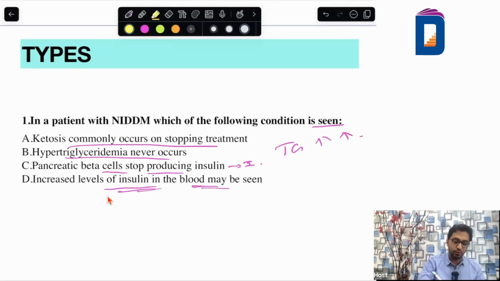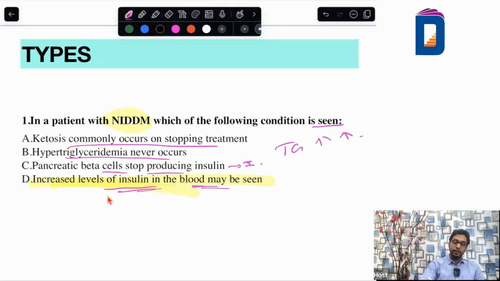Now, I should have asked this question to you. In type 2, as I've told you, it is basically the resistance which is the problem, not the insulin deficiency, at least in the initial stages. Insulin is there, but it is not effective. The body doesn't know that it has some resistance, so it keeps on producing insulin.